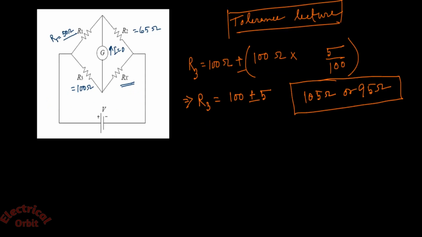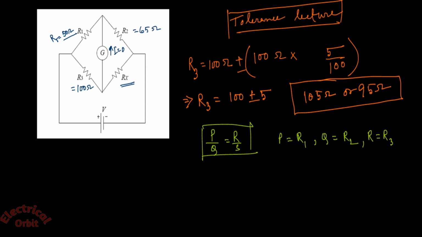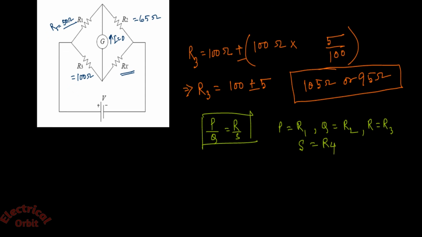So here, Wheatstone bridge formula that we have just learned, that is P by Q equal to R by S. So here P is equal to R1, Q is equal to R2, R is equal to R3, and S is equal to R4. So first, considering the value of R3 is equal to 105 ohm.